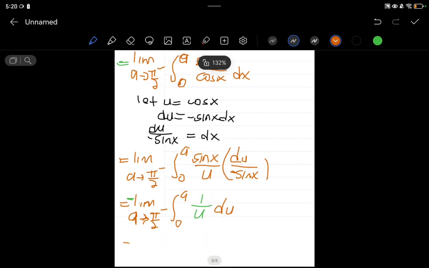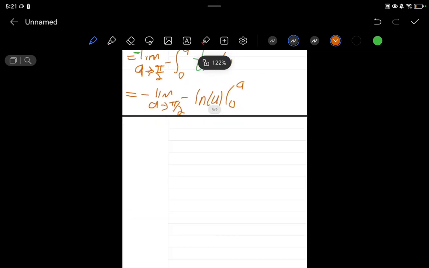Then this would be minus the limit as a approaches pi over 2 from the left, then we integrate this and get ln u from 0 to a, right? And then this would be minus the limit as a approaches pi over 2 from the left of ln, what was our u? Cos x, right?